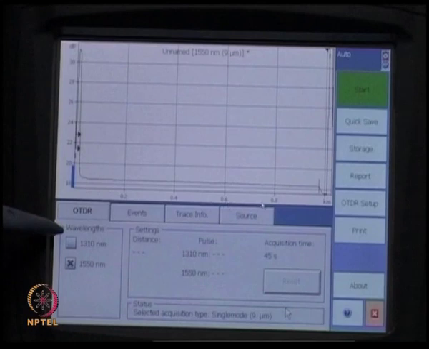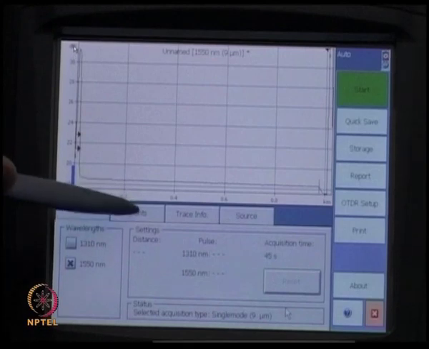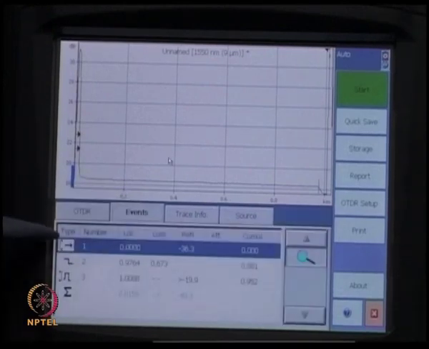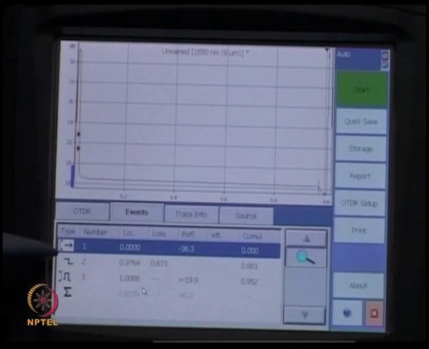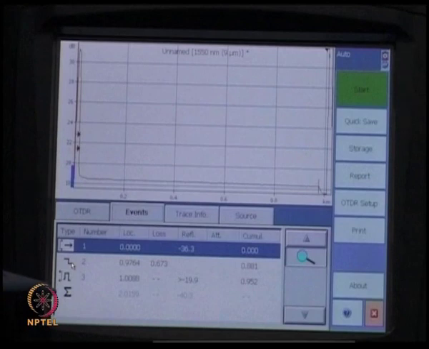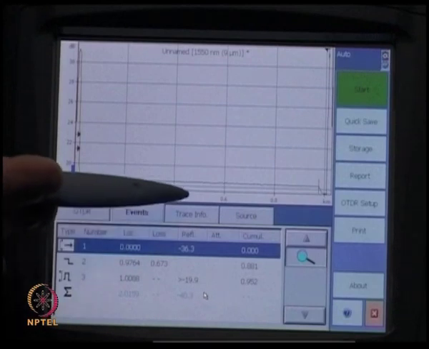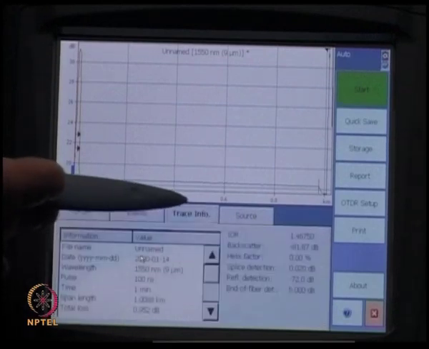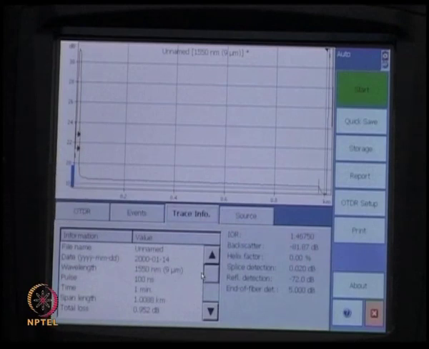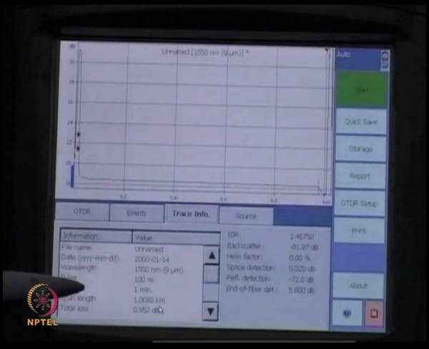Here the horizontal axis gives you the distance and the vertical axis is in terms of dBs. These are the different locations. What is the status? That is what is displayed here. So, it shows you location. You can also see the events at different locations. What is the condition of the fiber?